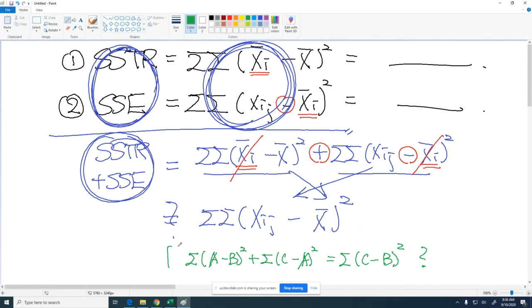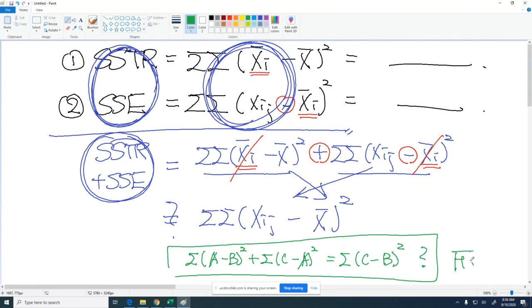You can check this one. I can say no. It is not true. Absolutely, you can try. You can expand the right hand side, and we never ever get a.